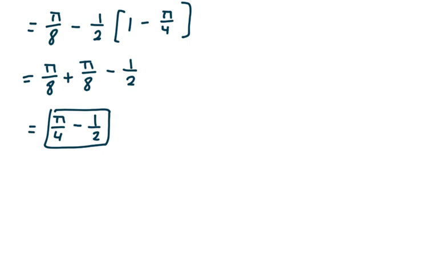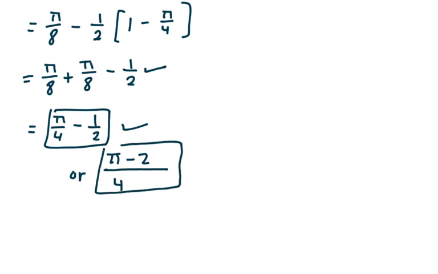And so you get pi over 8 plus pi over 8 minus 1/2, which is pi over 4 minus 1/2. Or if we get a common denominator, the LCD between 2 and 4 is 4. So I put a 4 in the bottom, and on top we get pi minus 2. That's another very acceptable way to write that answer.